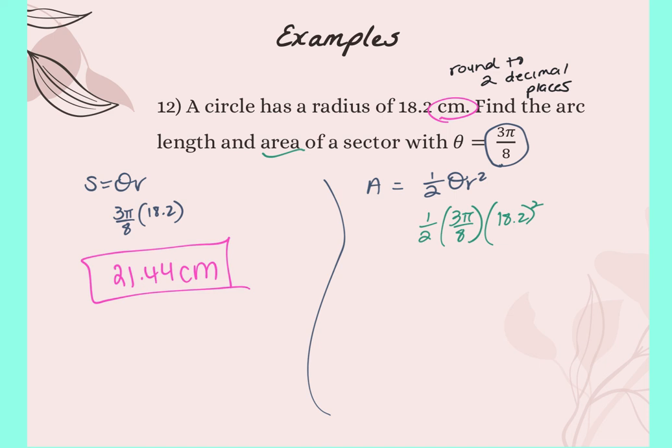So I do 0.5 just to not have to do the fraction. 3 pi divided by 8 times 18.2 squared. Group this. And you get 195.12. This time it would be centimeters squared.